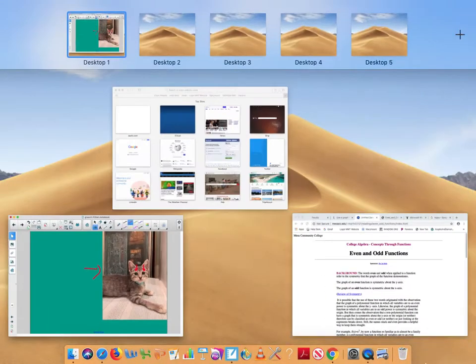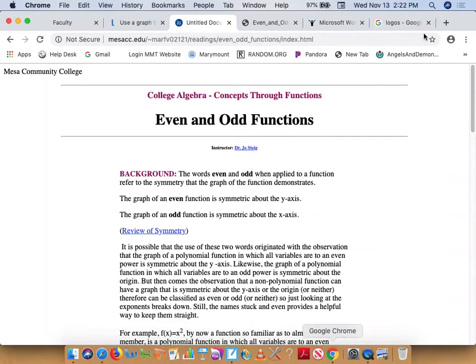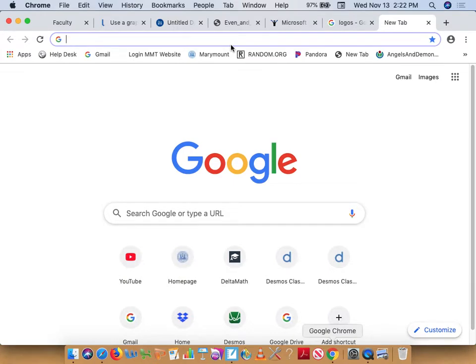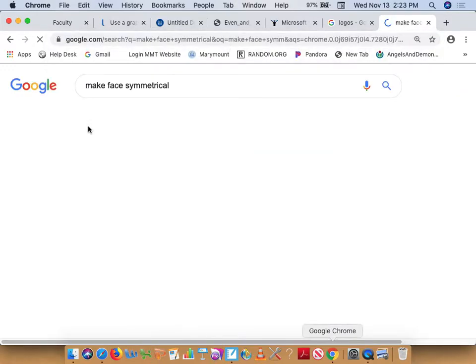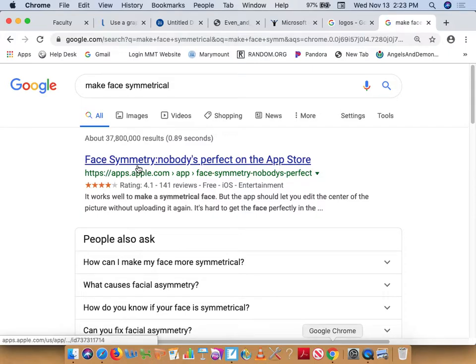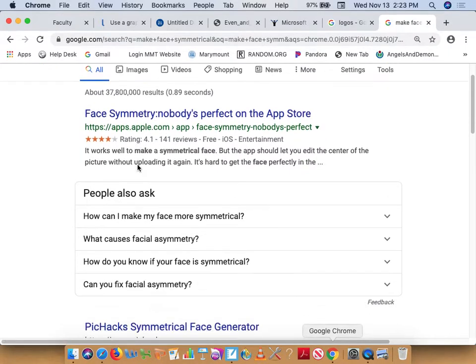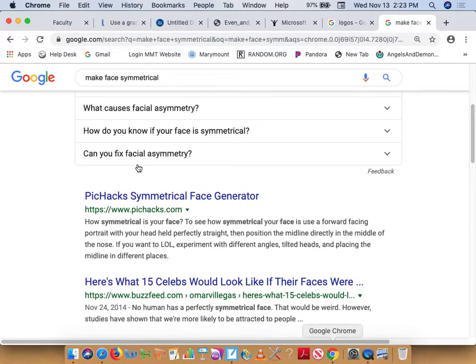Watch this, if I can find it. If I can't find it today, I'll show it to you later. Maze Face, I thought it was going to say nice songs. It doesn't look like a legit face. You can actually get the app, but we're not going to do that right now.